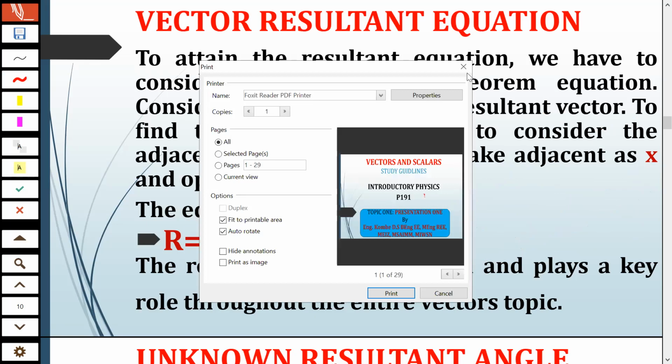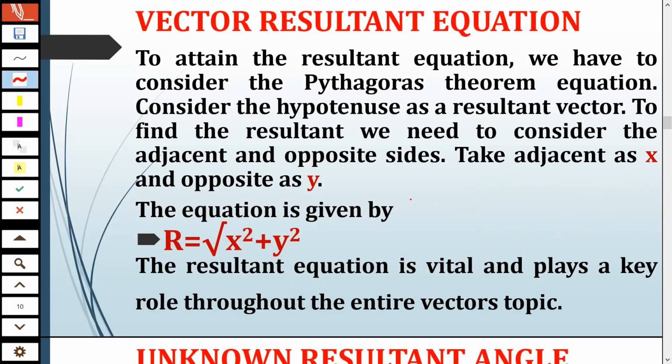If you've been given vectors that are in a plane, like in the XY plane, you have maybe this vector, and you have vector A, then you also have vector B. Let me write one this side. So you have vector A in that direction and vector B in this direction.